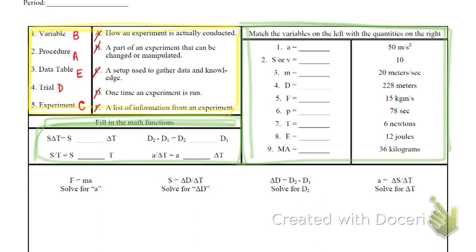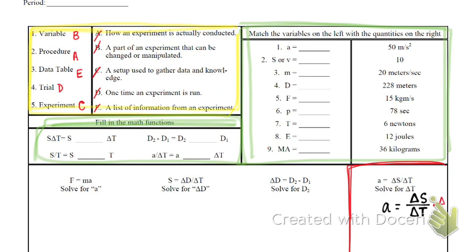Let's go through. Let's do this last one. A equals delta S over delta T. Solve for delta T. So we want to solve for delta T, but we just have this fraction that I can't do anything with until we undo it.